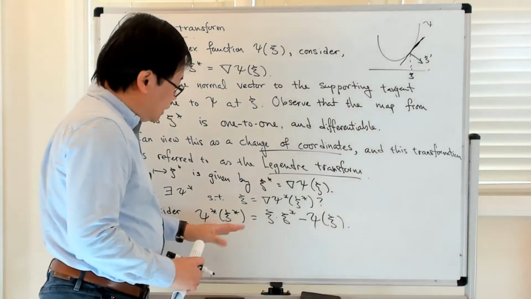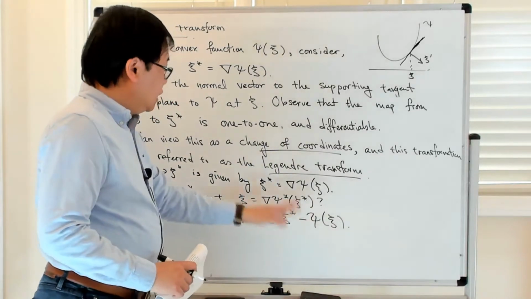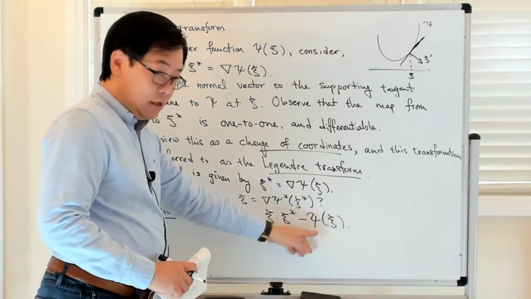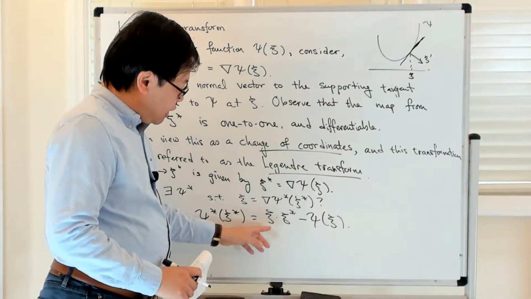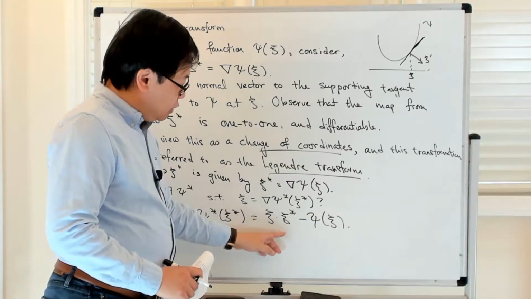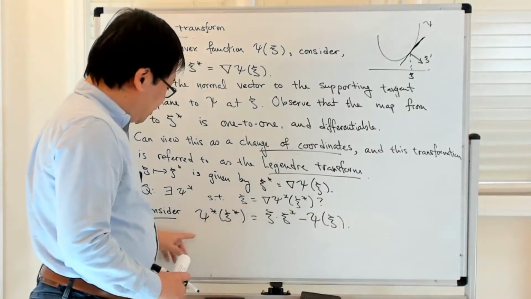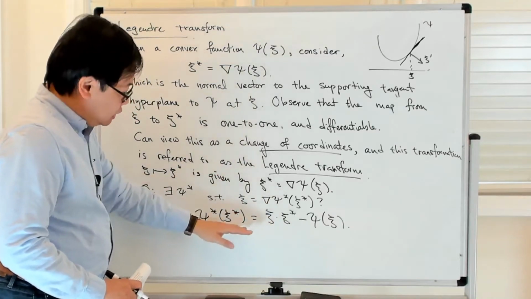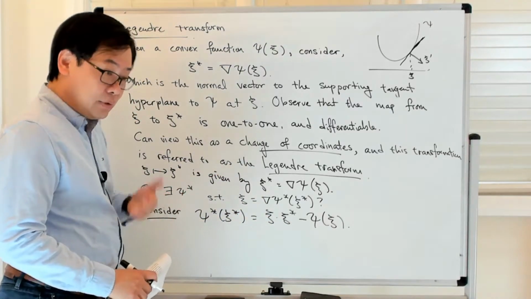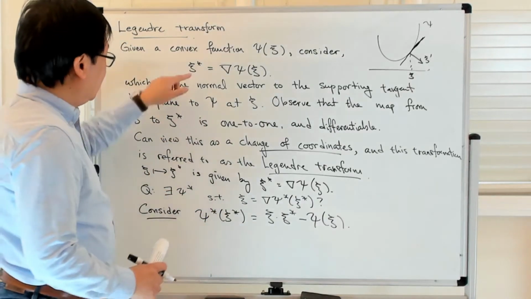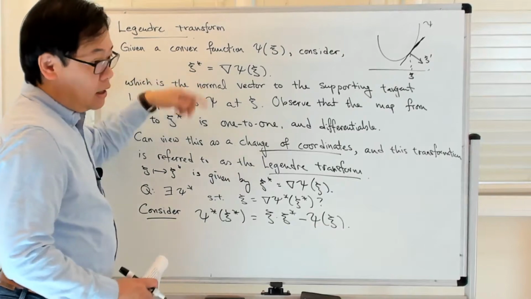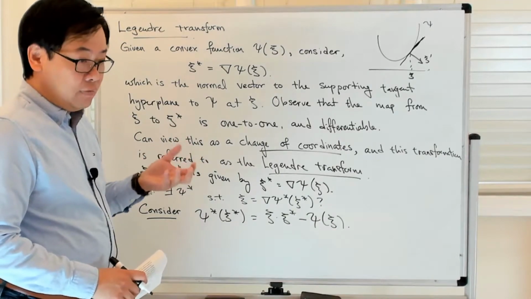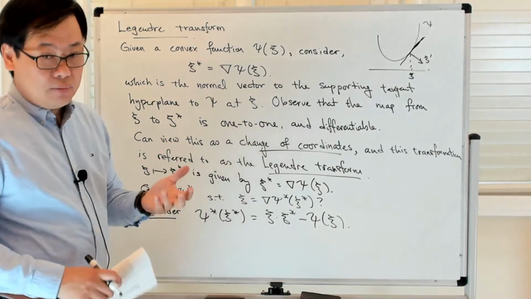In the context of Lagrangian mechanics, you can construct the Legendre transform of the Lagrangian, which would be something like P times Q dot minus the Lagrangian. That gives you the Hamiltonian. So this Legendre transform of convex functions is exactly the relationship between Lagrangians and Hamiltonians on one hand, and the relationship between C and C star is exactly the relationship between the position-velocity representation and the position-momentum representation.